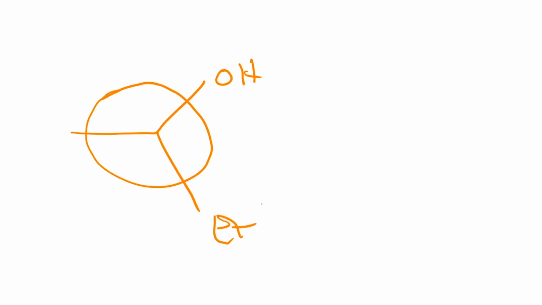Let's look at it a little bit closely. So you have OH, Et, and H. Okay. And the three substituents in the back remain the same. So you have methyl and hydrogen.